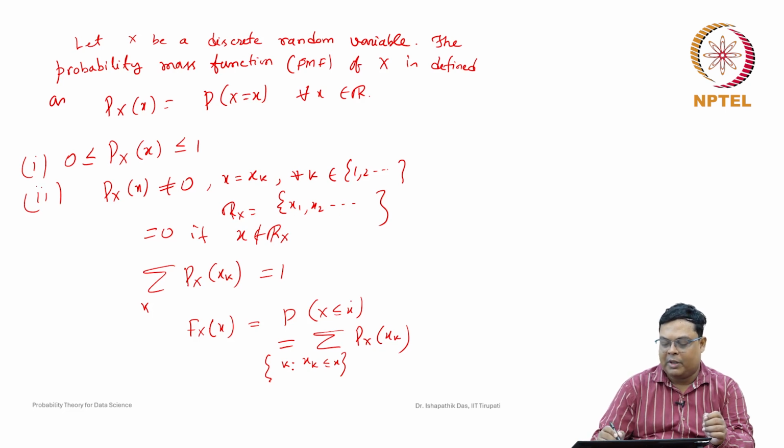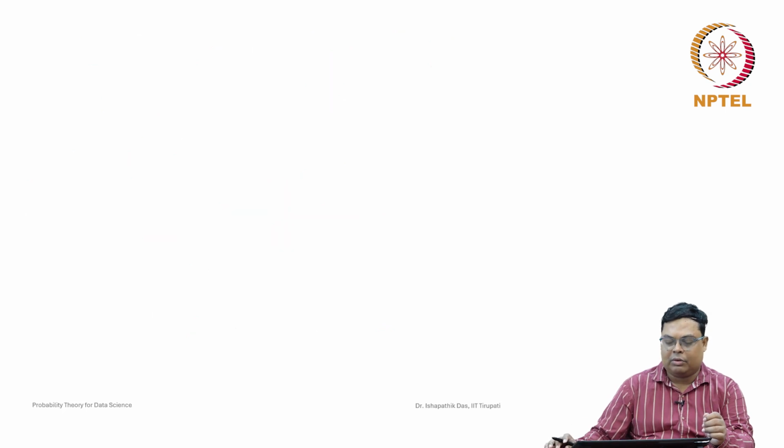Then x_1 will be the minimum, and if small x is less than x_1, then F_X(x) will be 0. We already discussed all this concept, and if you know the probability mass function, you can find the cumulative distribution function, and if you know the cumulative distribution function, then you can find the probability mass function also.